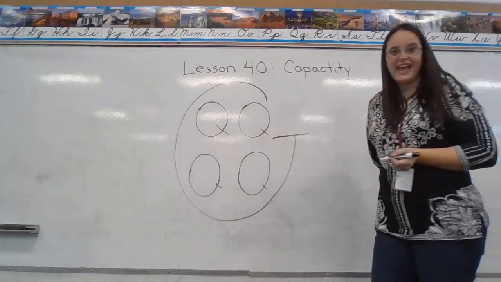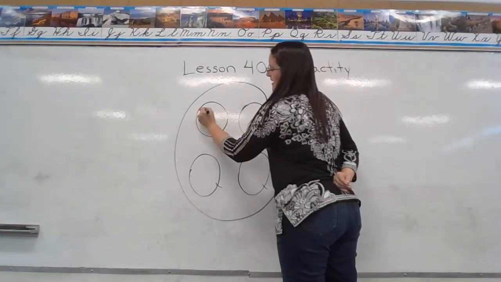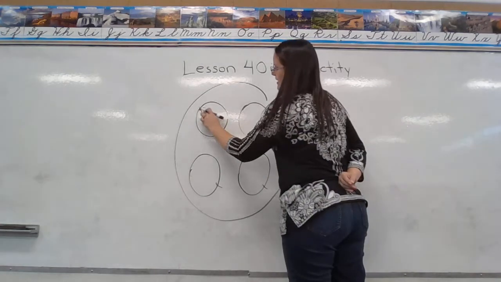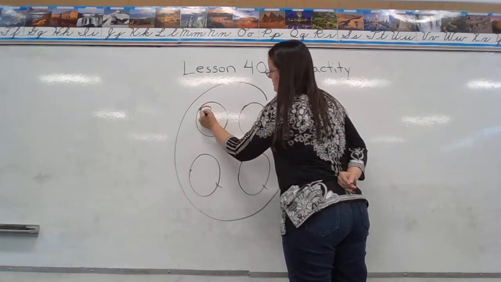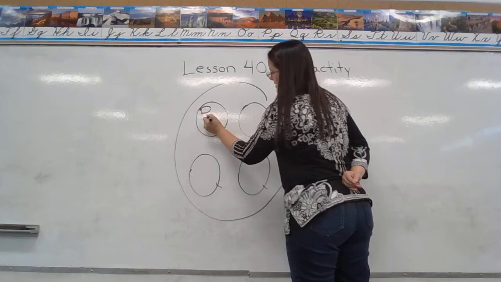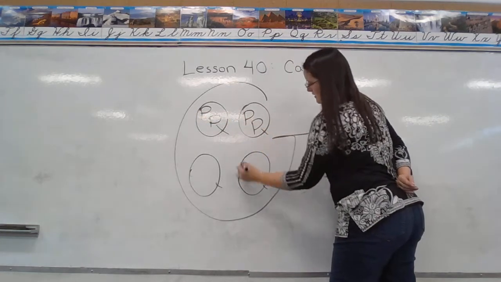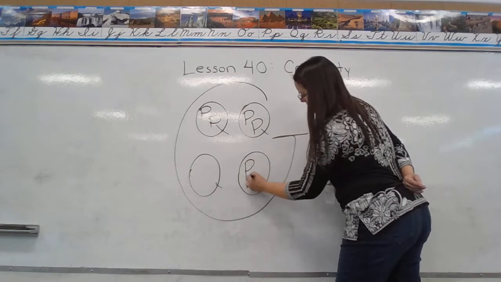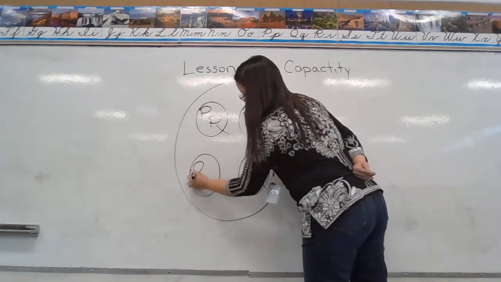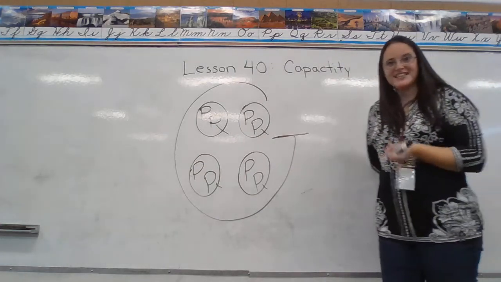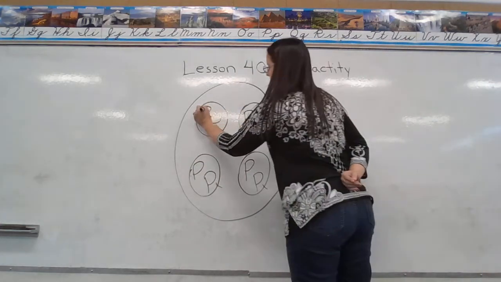Each queen had a prince and a princess. And you know what? I need to make those a little bit bigger. And each prince and princess had 2 chickens.